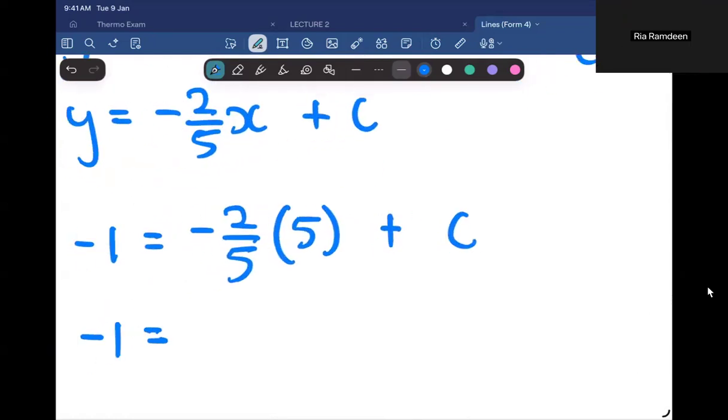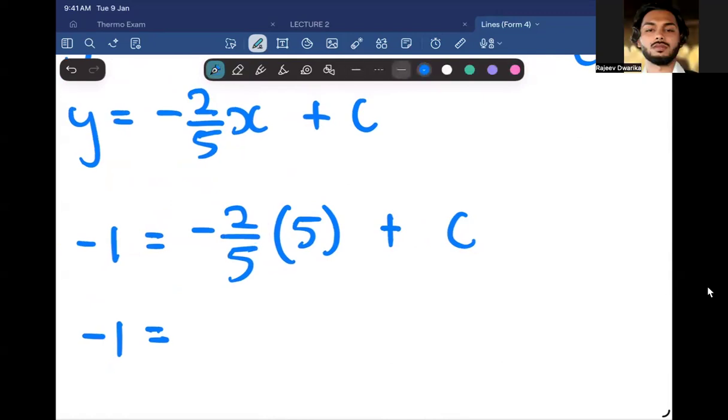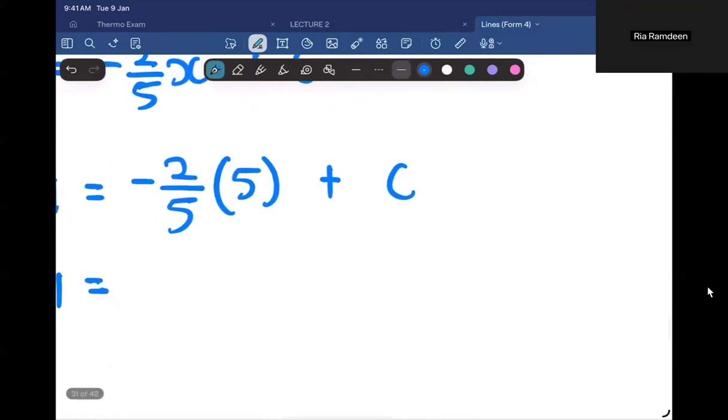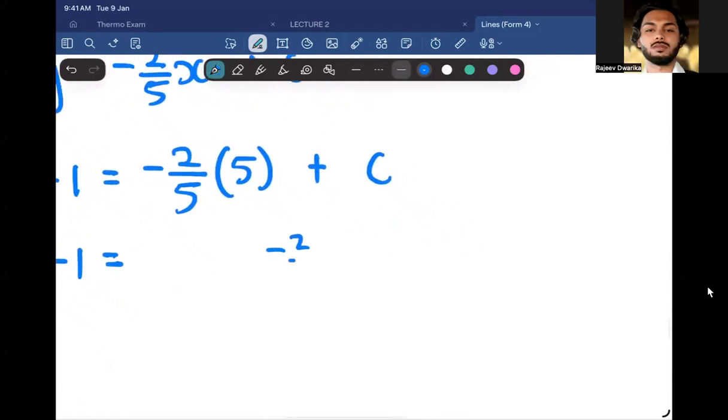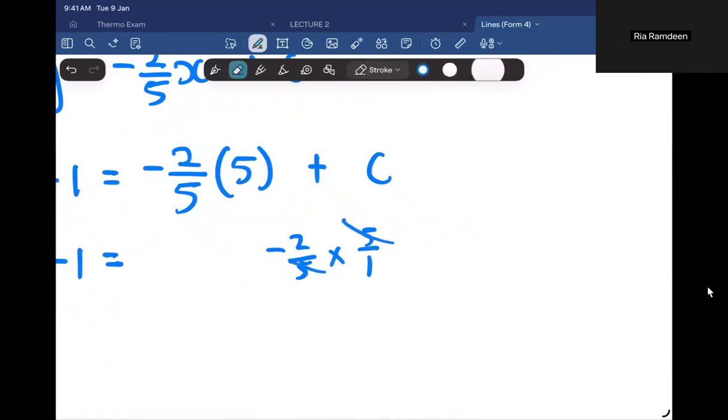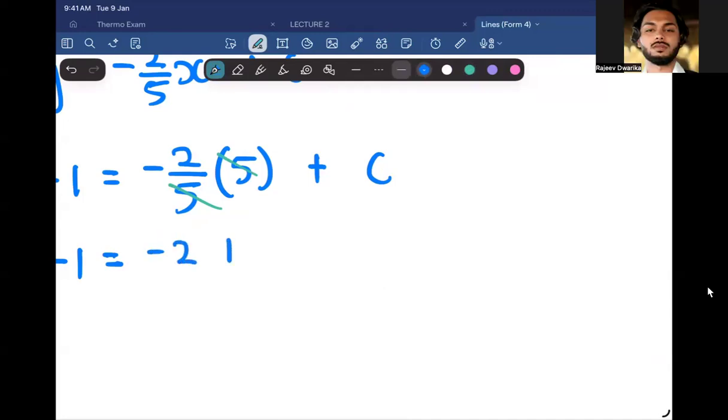We have negative 2 over 5 being multiplied by 5 over 1. The 5 and the 5 are going to cancel, aren't they? So it'll be minus 2. So minus 2 plus c.